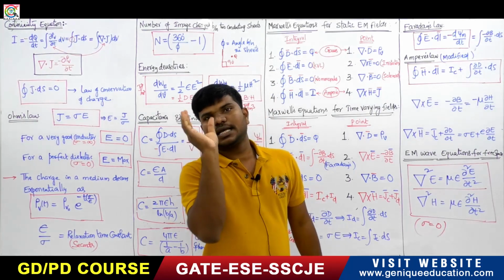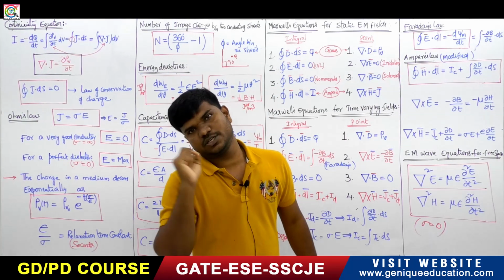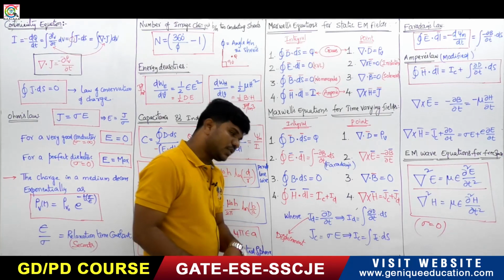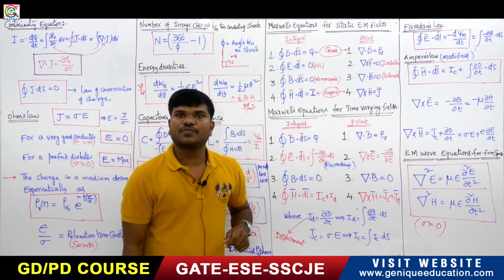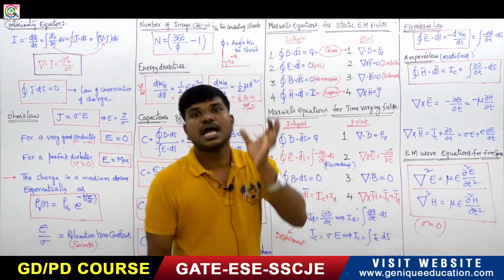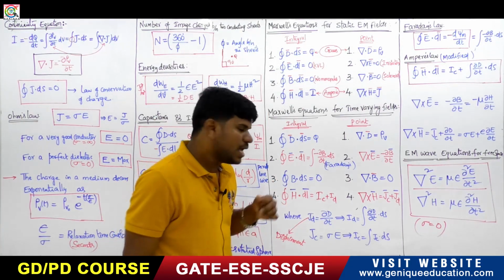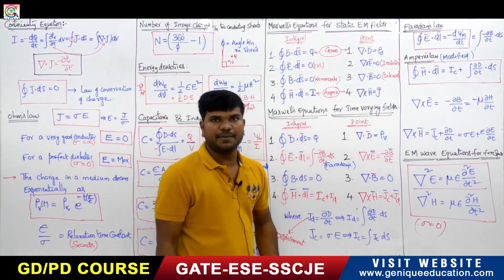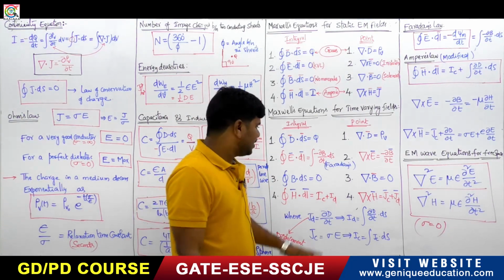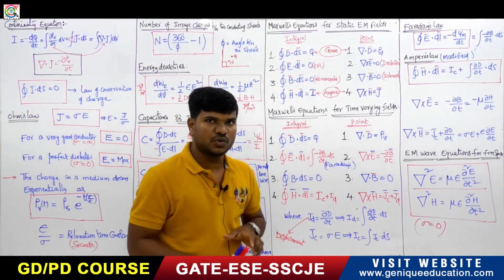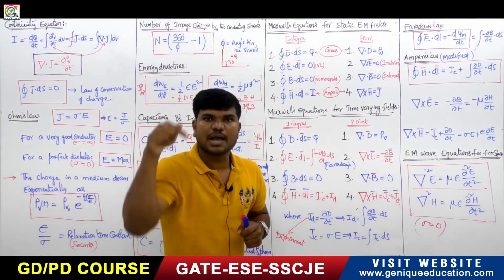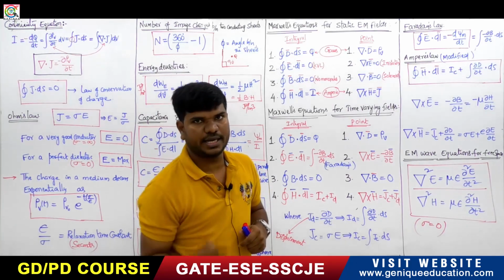Between the capacitor plates there will be a field induced. Due to that field there exists one kind of current. That current is called the displacement current, represented with ID. That is the first point you have to understand: within the capacitor, IC is equal to ID.